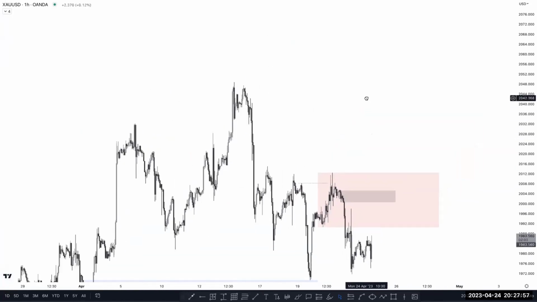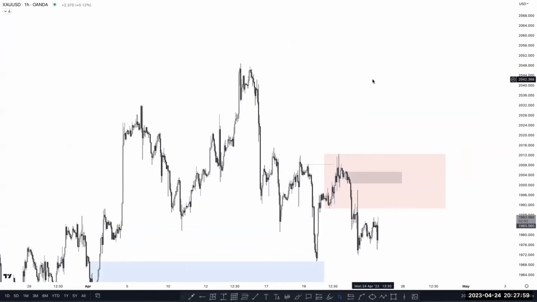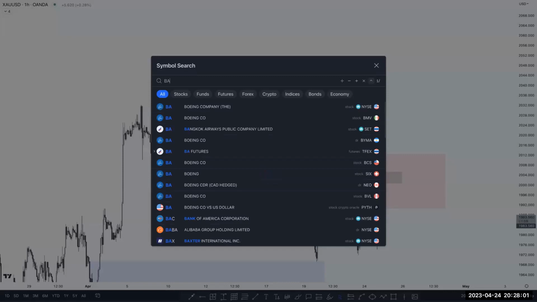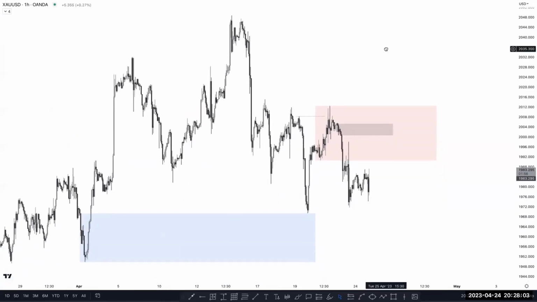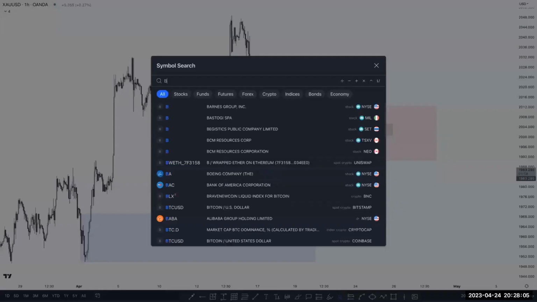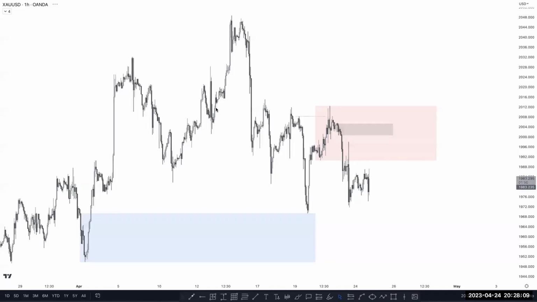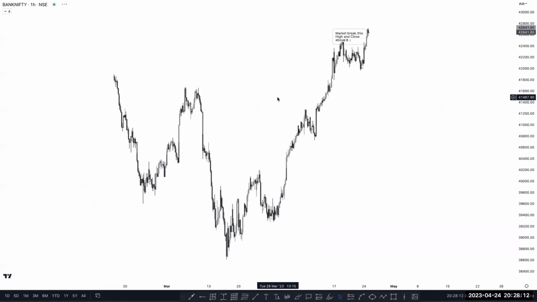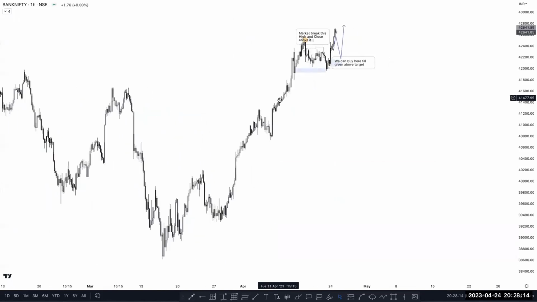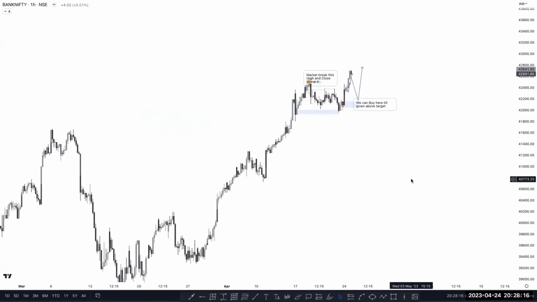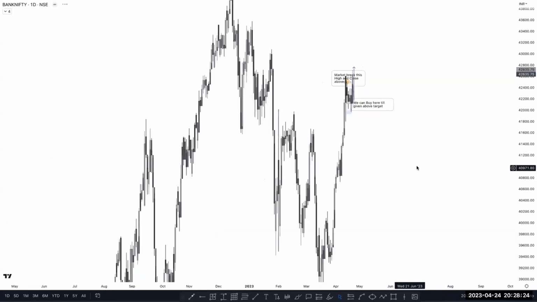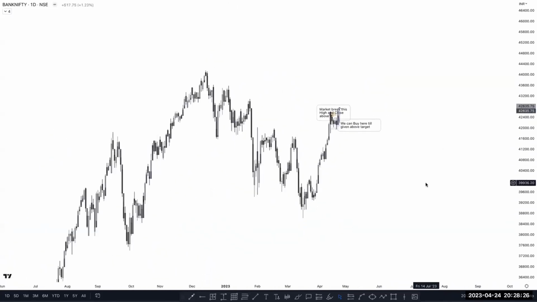It's like Bank Nifty. Bank Nifty momentum is extremely bullish based on a higher time frame, and from a lower time frame perspective everything looks bullish.